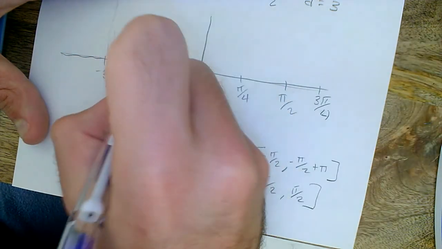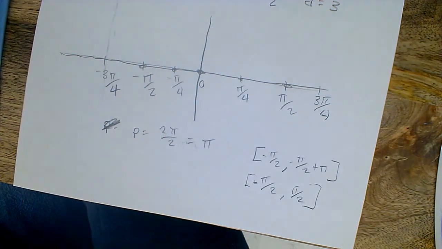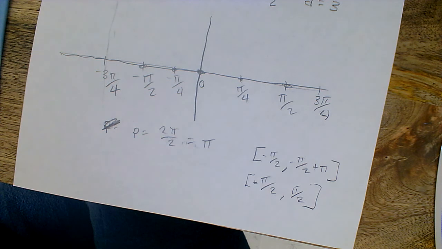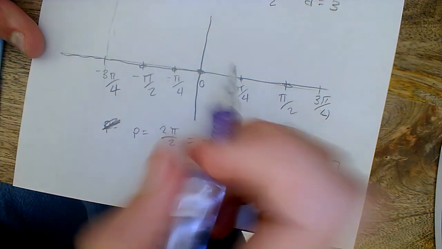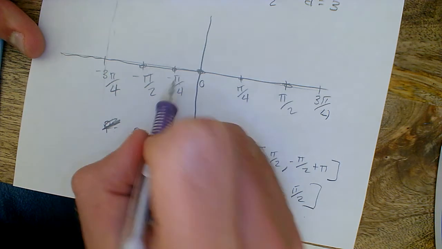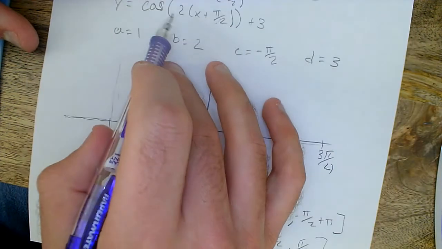These are the 5 important points that we always need to map. So we started at the phase shift, negative pi over 2, and added a fourth of our period to get these 5 points. Okay, so this is a cosine graph.